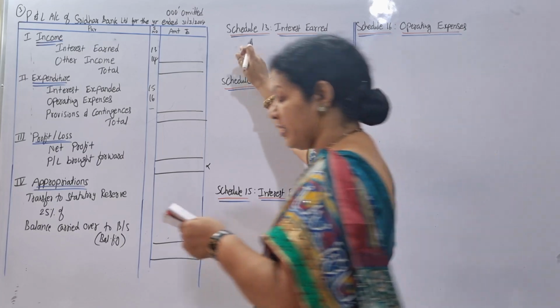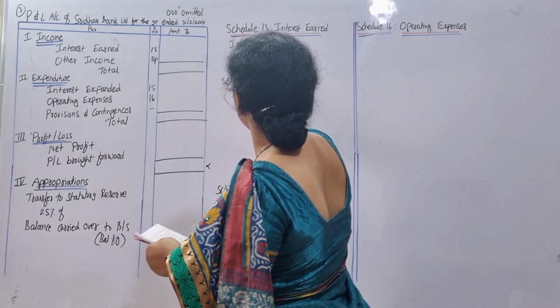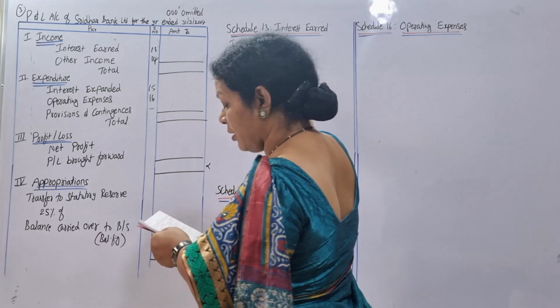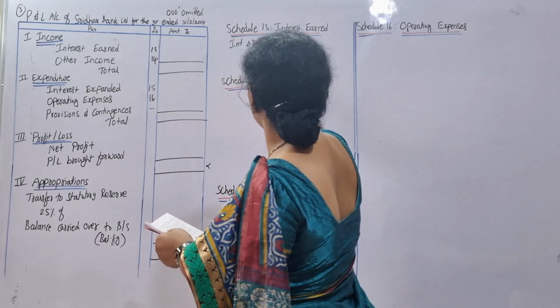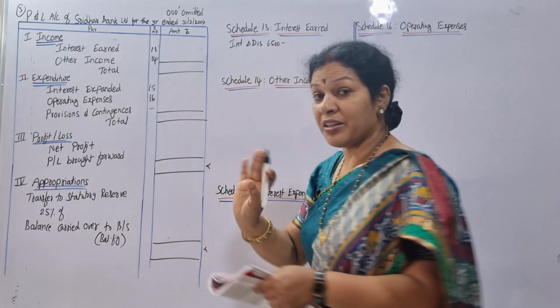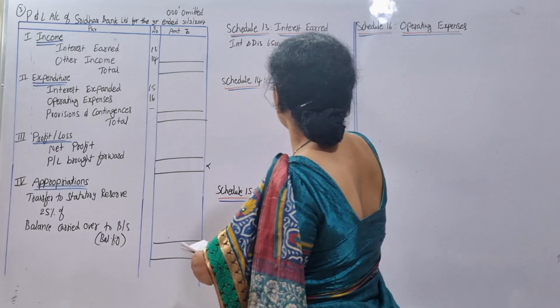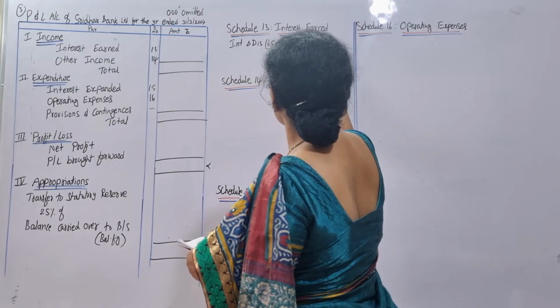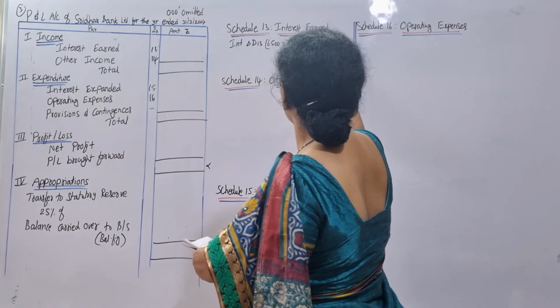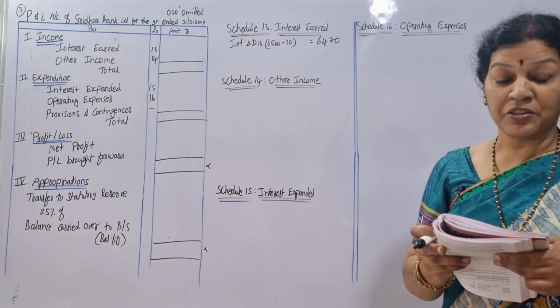So I'll write here interest and discount. How much is it? 6,500 minus rebate of how much? Not 30,000. Last 3 zeros omitted. So 30. It comes to 6,470.